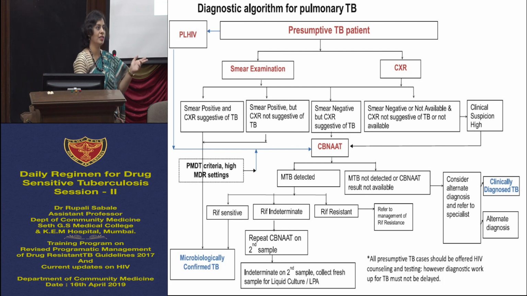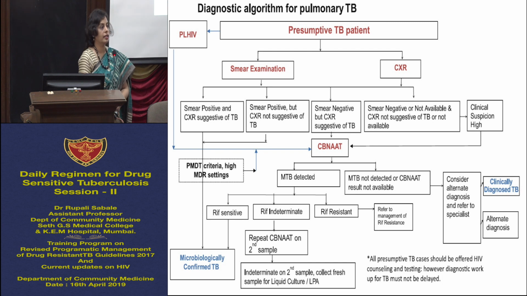If it is rifampicin resistant, we offer the programmatic management of drug-resistant tuberculosis, based on those guidelines. If rifampicin is indeterminate, we collect a fresh sample and repeat the CBNAT test. In that repeat CBNAT test, if rifampicin is again indeterminate, then we offer LPA or liquid culture.